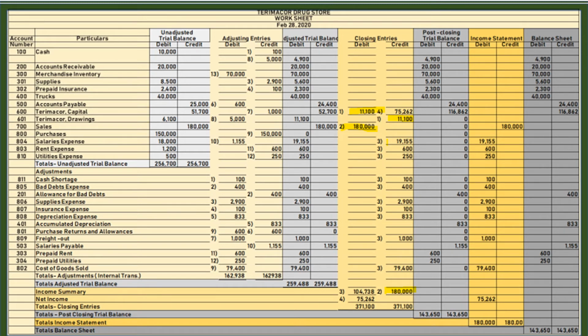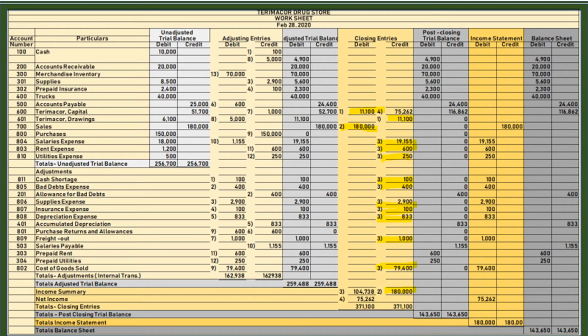Now we go to the next item, salaries expense, credit, because all these expenses were debits before. Salaries expense, rent expense, utilities expense, cash shortage, bad debts, supplies expense, insurance expense, depreciation expense, freight out, and cost of goods sold.